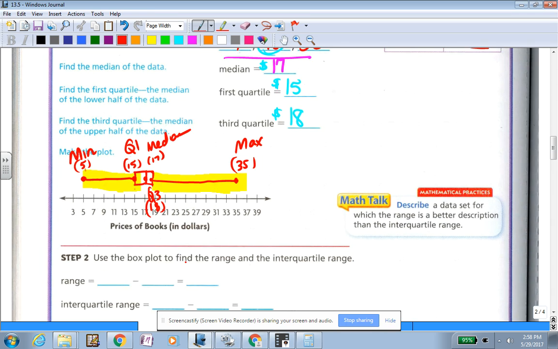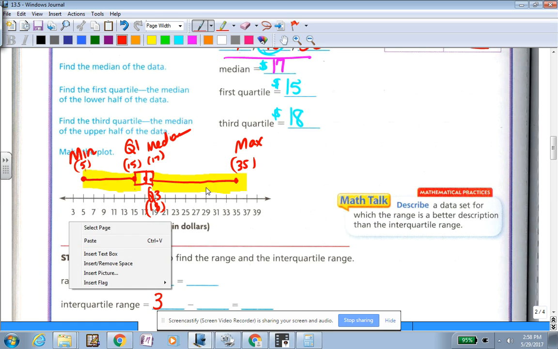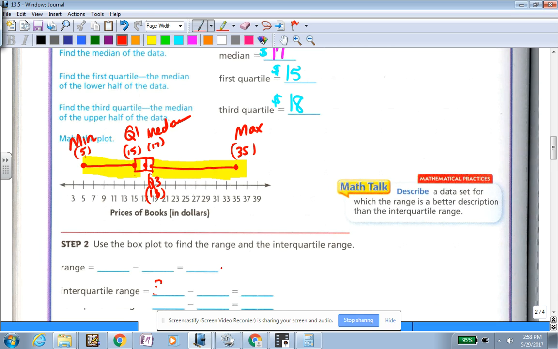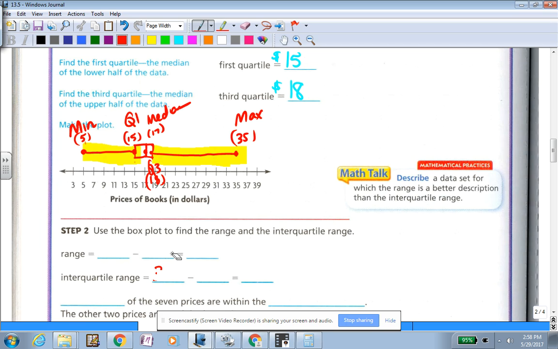Well, now let's find the IQR. I'm sorry, let's find the range first. The range is looking at the maximum value, which happens to be 35, and then the minimum value, which happens to be 5, and subtracting the two, that gives us 30.